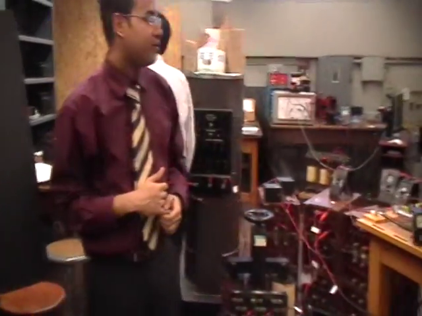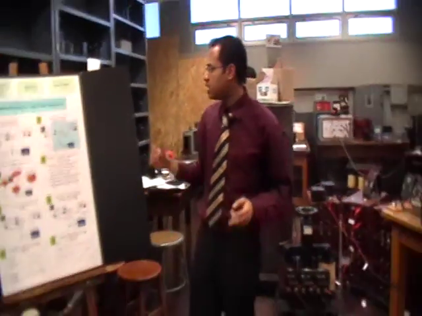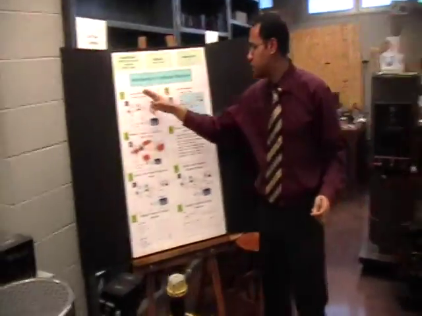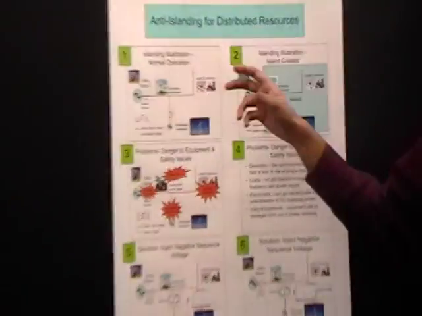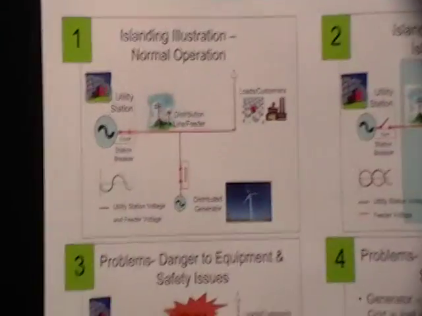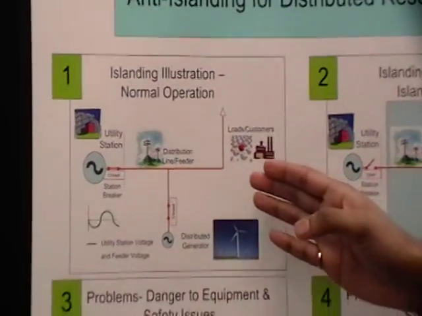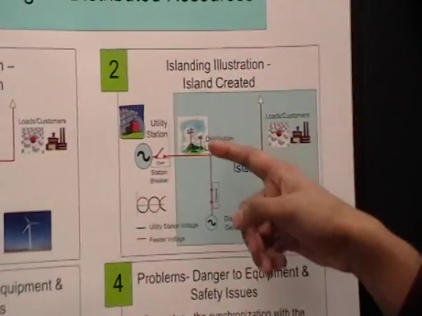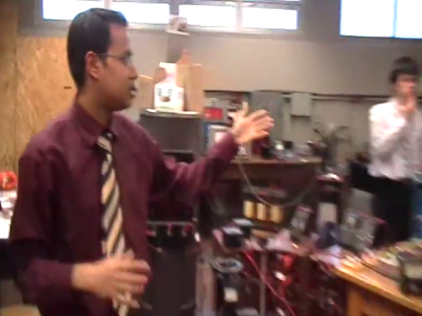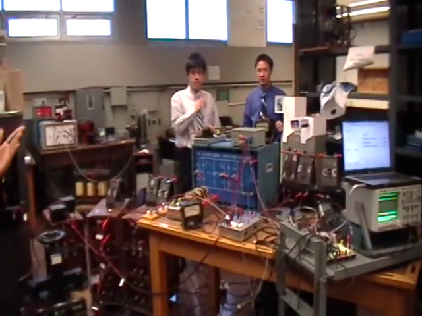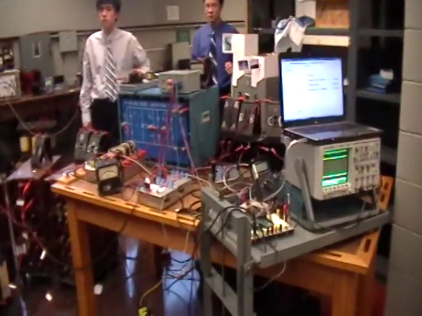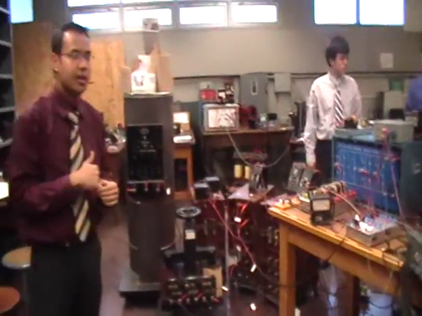Right now I'm going to give a live demonstration of our circuit. As Vonia mentioned, this is our normal condition, and we're going to simulate that situation first. After we do this, we're going to create an island where Matthias is going to flip off the AC panel switch, which represents the station breaker, which pops off when a fault or disturbance occurs in the line.